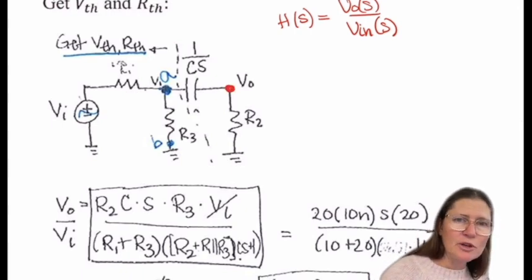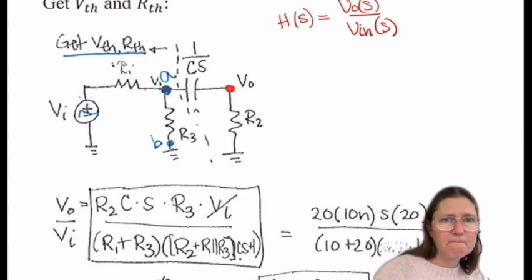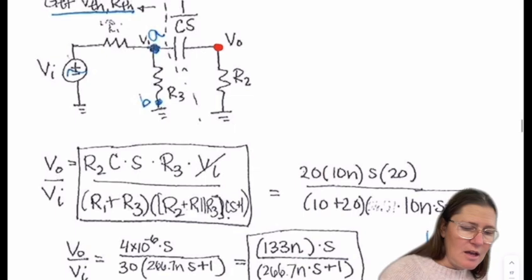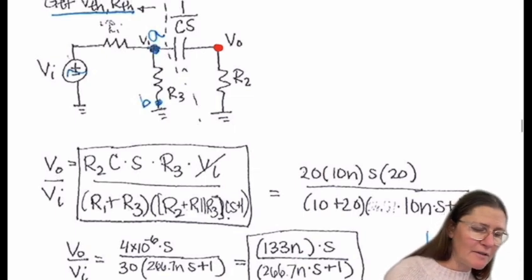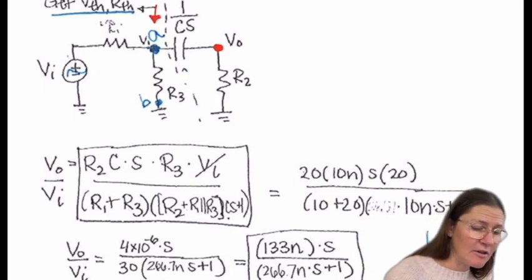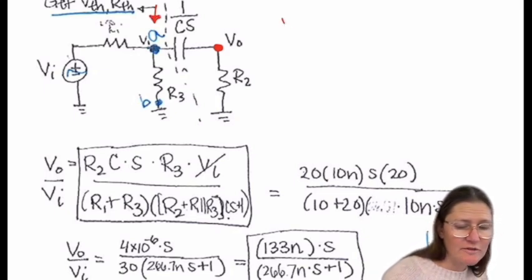So my output node is located here. I could do this several ways. If I find the voltage at VA, I can do a voltage divider.